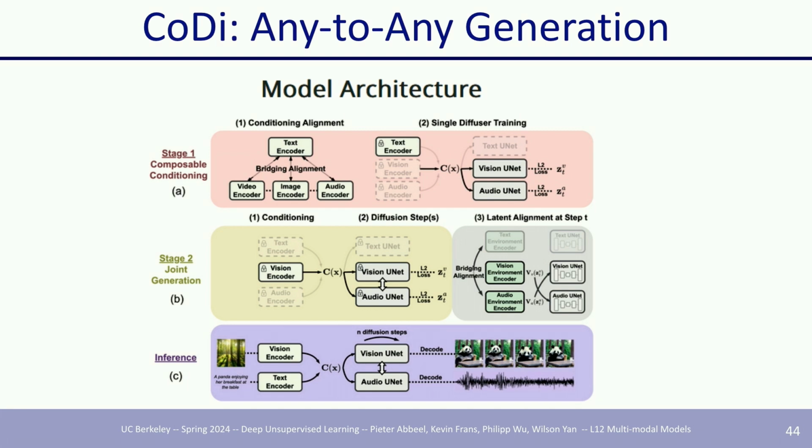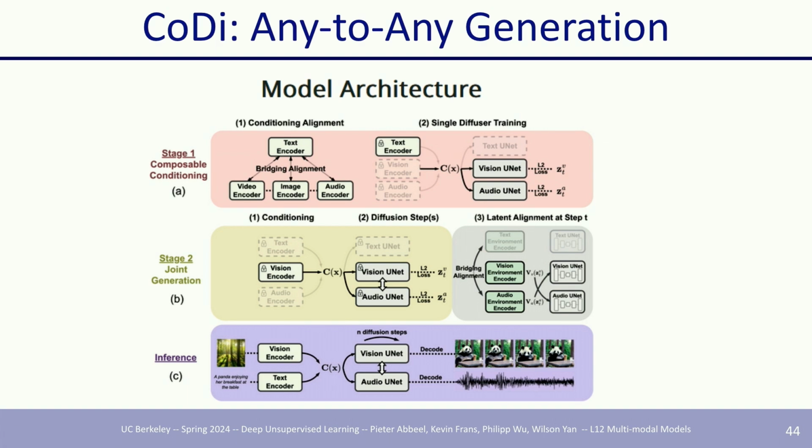It's a lot easier to manage once you have this aligned latent space, since all of the representations are very similar to each other when they have the same meaning. I won't go too deep into it, but essentially they have some extra fine-tuning of these models to incorporate the conditioning of the other modalities.